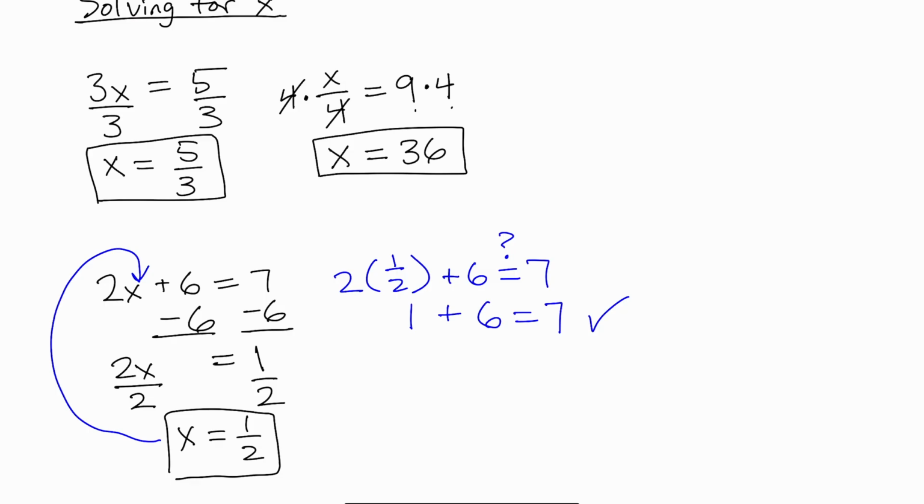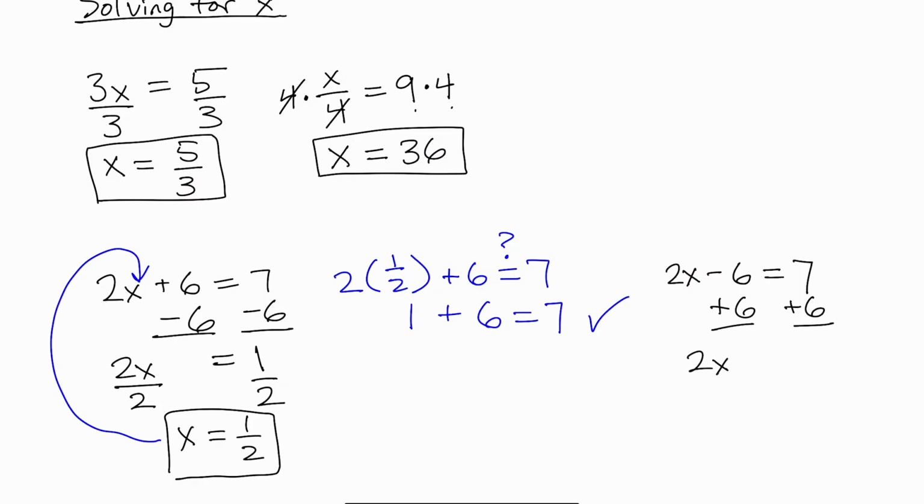Now, what if we have something like 2x minus 6 equals 7? Notice how the only difference here is that I'm subtracting 6 rather than adding 6 like before. It's pretty much the same process, except to get rid of 6, we need to add 6 to both sides this time.